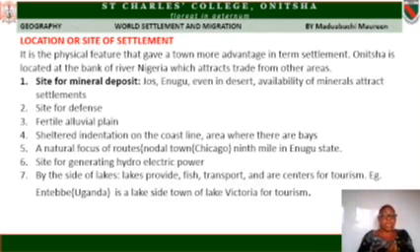Site for defense. People always like to live where there is security. Fertile alluvial plain, where people go for farming. Sheltered indentation of a coastline, where there are coasts and bays. Most seaports are located at the bay of their country. Natural focus of roads.